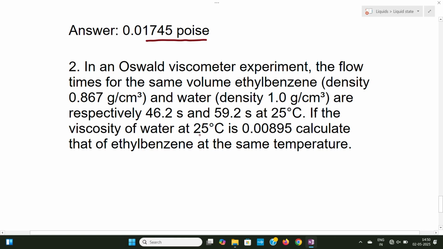If the viscosity of water at 25 degrees Celsius is 0.00895, calculate that of ethyl benzene at the same temperature.